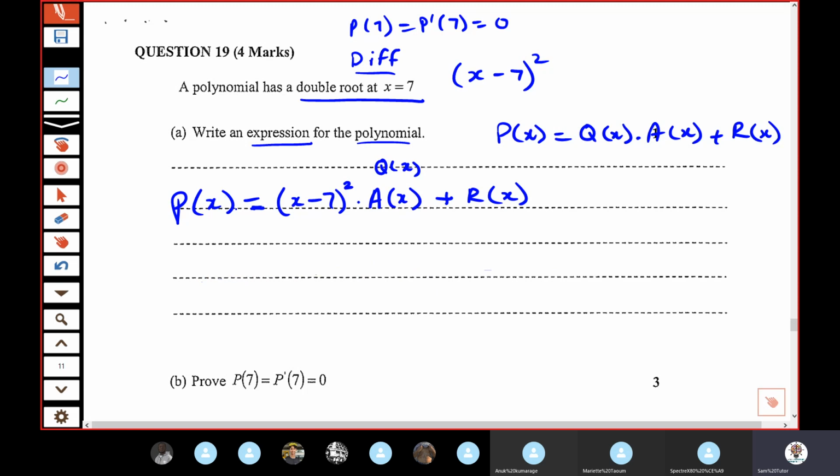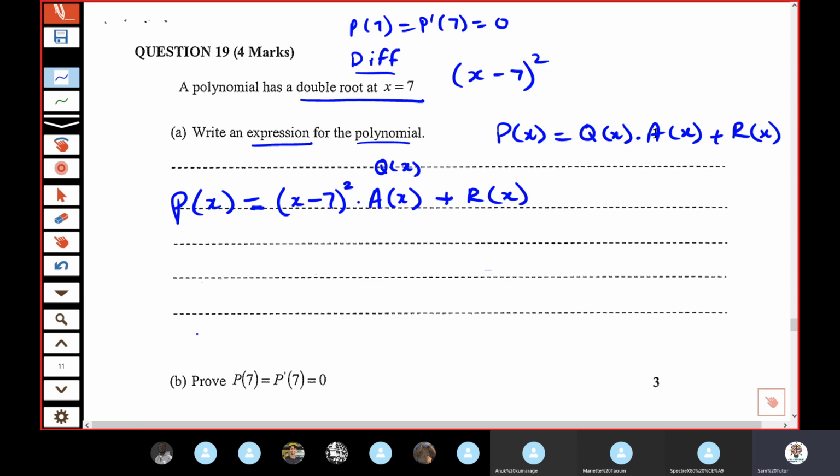I can almost guarantee, I can't say 100%, but I can almost guarantee you will get this in your exam this year. If you don't get it in your exam this year, it will be in your trial HSC or in your half yearly or something like that. So 100% you will see this question, A and B. If it's not year 11, then you'll see it in your year 12 exam.